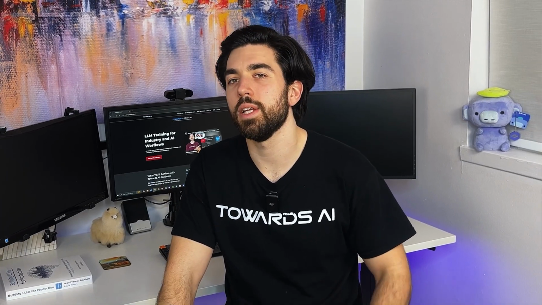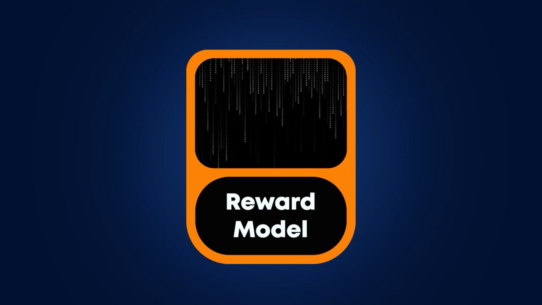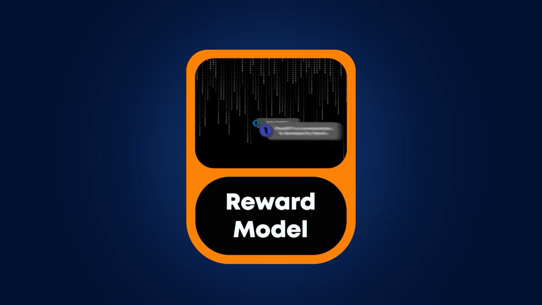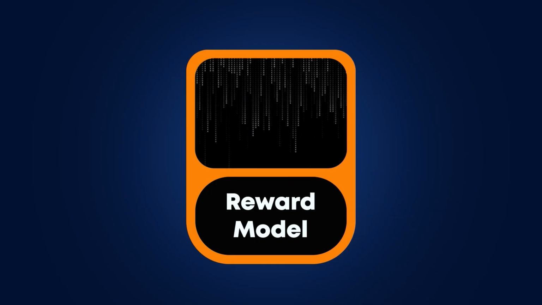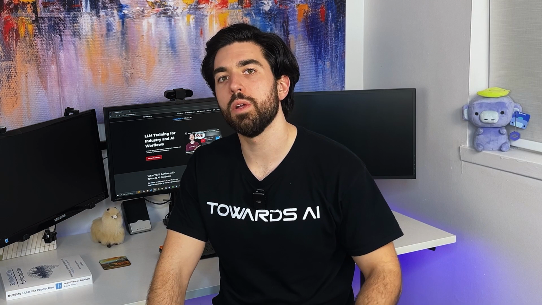Now, you might imagine that this means humans are correcting the model live as it generates responses, but that's not really how it works. The human feedback isn't fed directly into the model. It's used to train a separate system called a reward model, which then learns how to judge responses the way a human would. Once this reward model is trained, it's used to fine-tune and adapt the original LLM automatically.